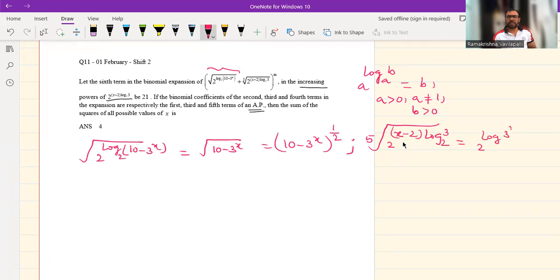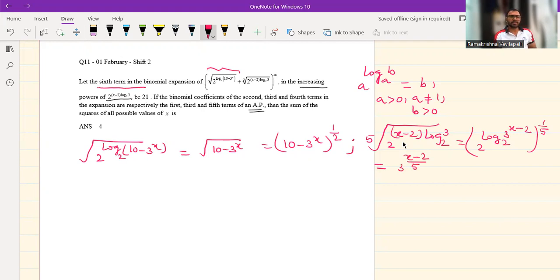Again using the same formula, a power log b base a equals b, you will get (3^(x-2)) to the power 1/5, which is nothing but this.